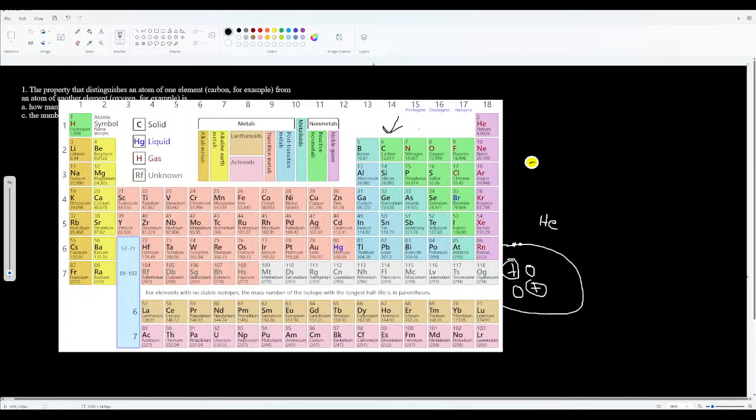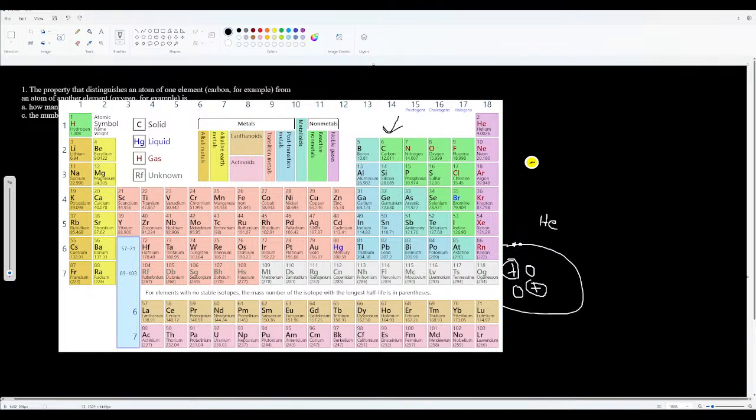The atomic weight is the average of every single atom in the universe of that element, right? So carbon has 12.01, rounding up. Nitrogen has 14.001, or 14.01, rounding up again. Oxygen, 16, right?